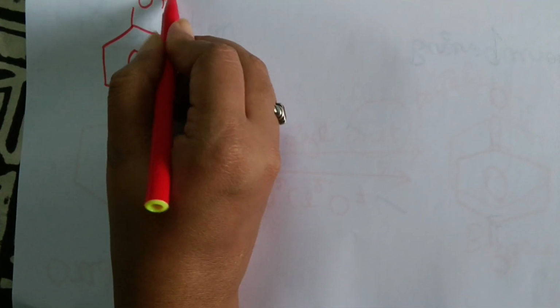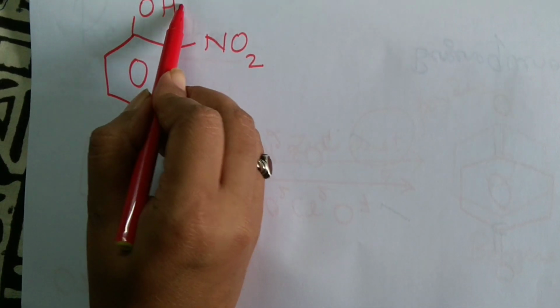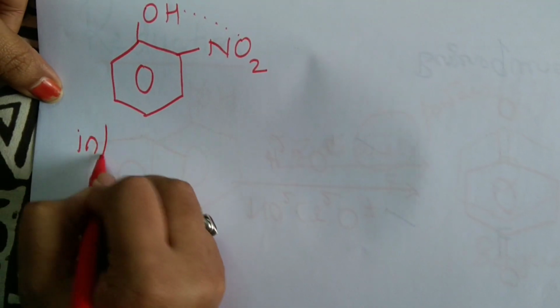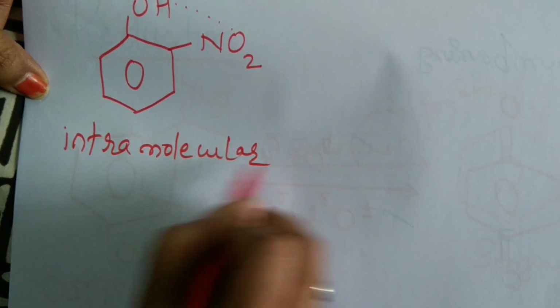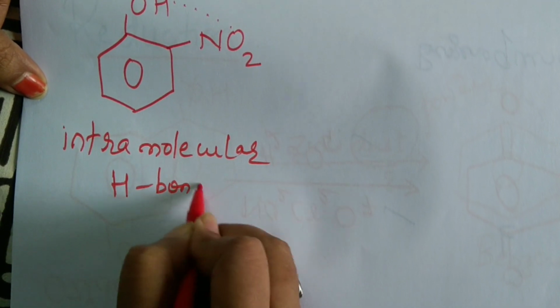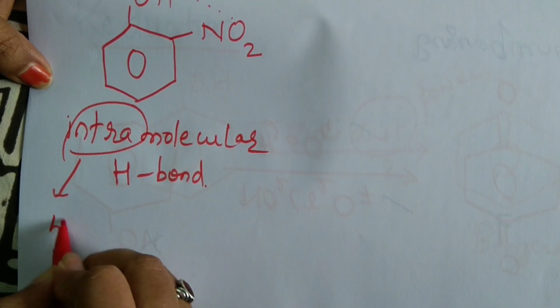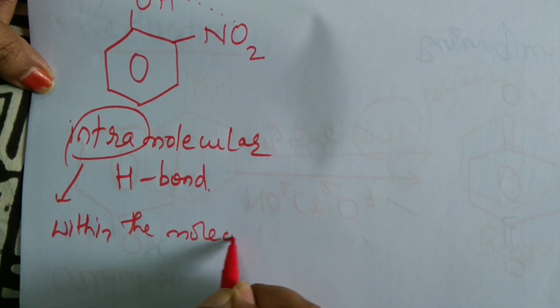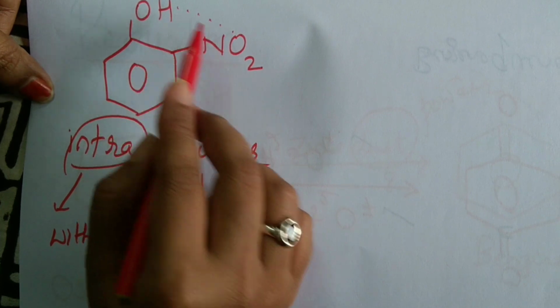In orthonitrophenol, again I am rewriting the structure here. There is formation of intramolecular hydrogen bond. What do you mean by intra? Intra means within the molecule. So intramolecular hydrogen bonds means the bonds are formed within the molecule.